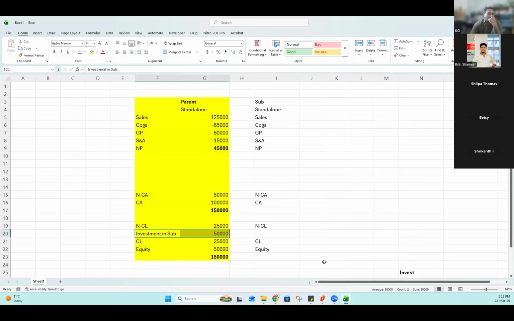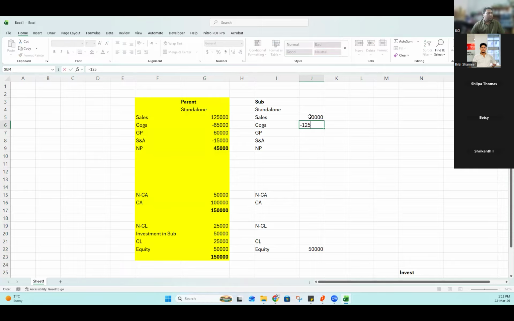Clear? So that will be here as 50,000. And for example, when you take the subsidiary, we'll have sales of 50,000, for example.